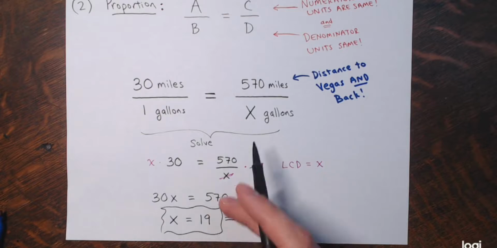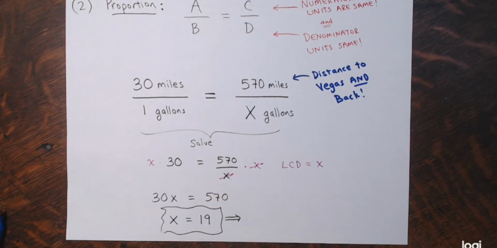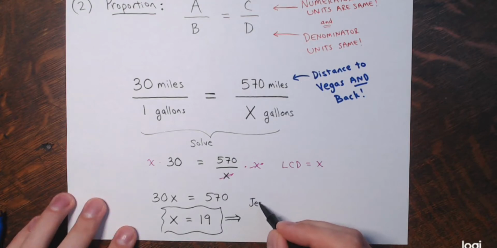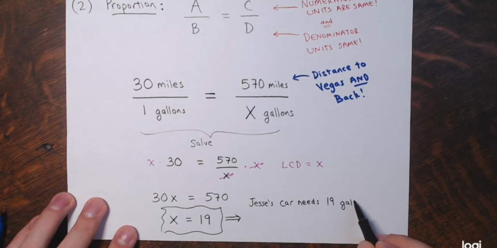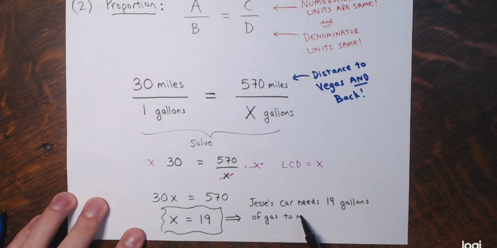So x is 19. That means that Jesse's car needs 19 gallons, right? X represents the number of gallons here. Jesse's car needs 19 gallons of gas to make it to Vegas and then back home.